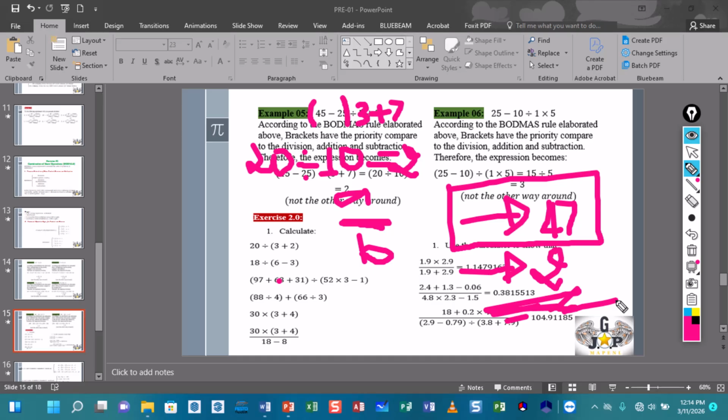But in others that need a little bit of thinking and attention, you have to do what I did here by putting brackets to simplify my work and make it easier.